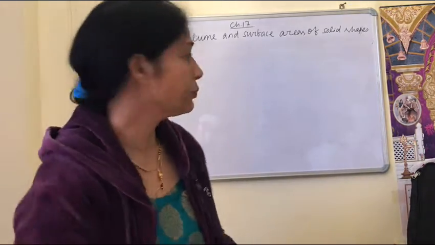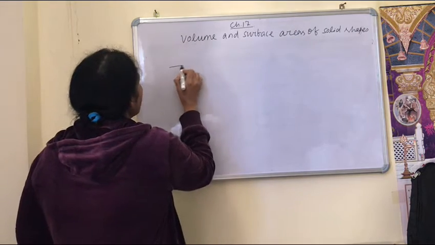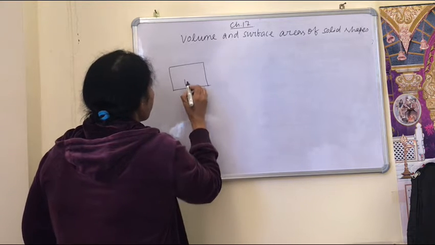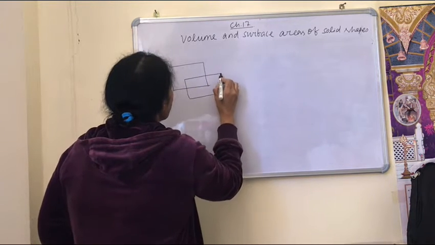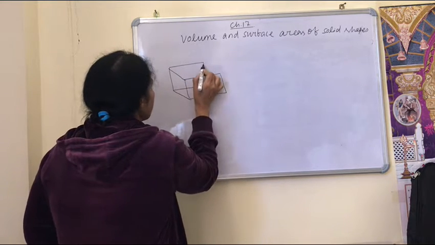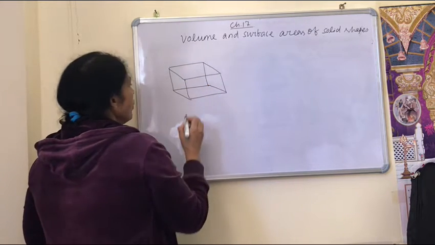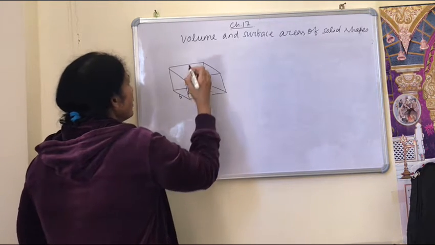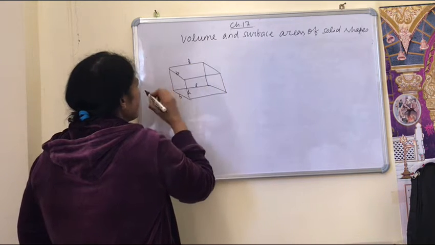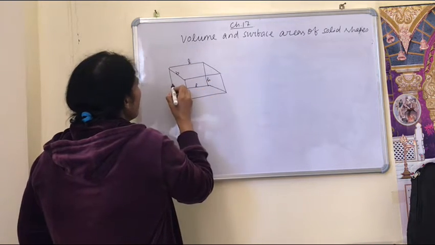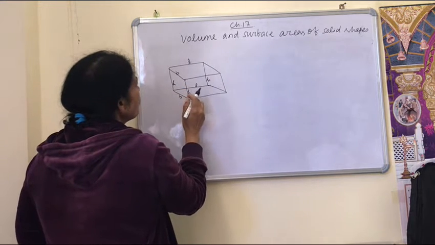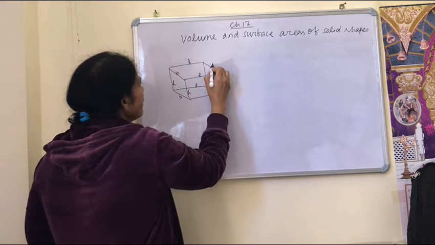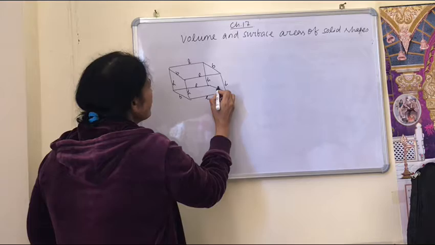This is your length, this is your breadth, this is your height. There are 4 heights: 1, 2, 3, and 4. This is also L, this is your breadth, this is L, this is your breadth.